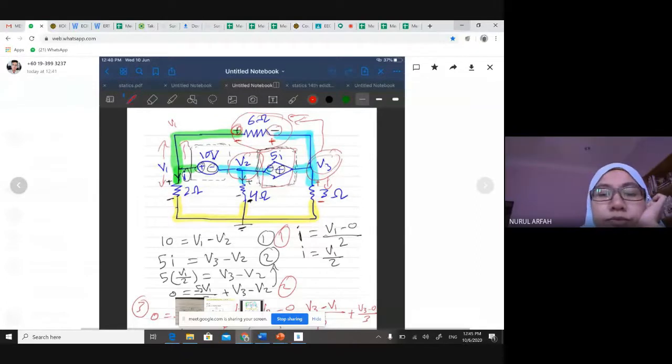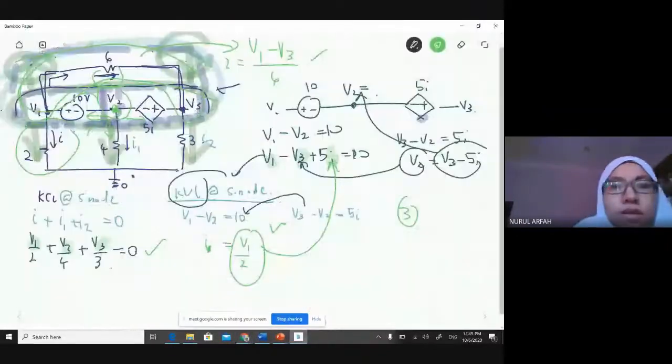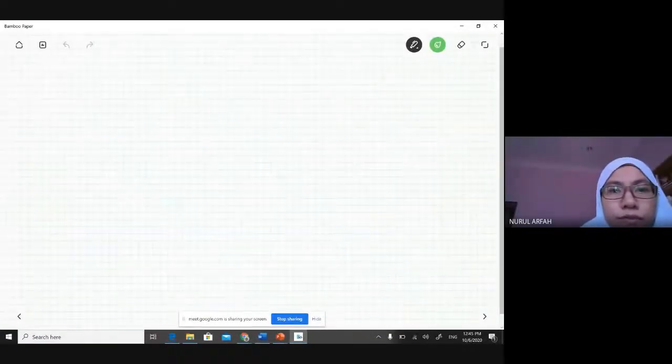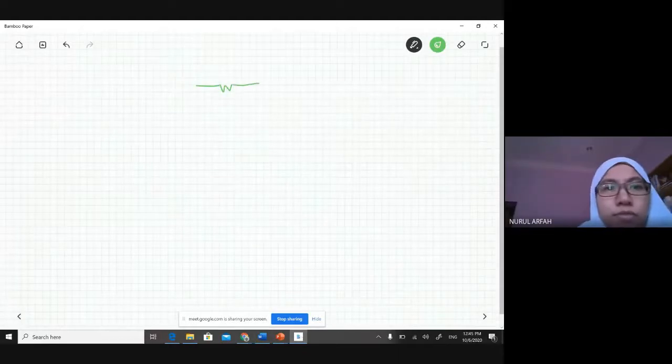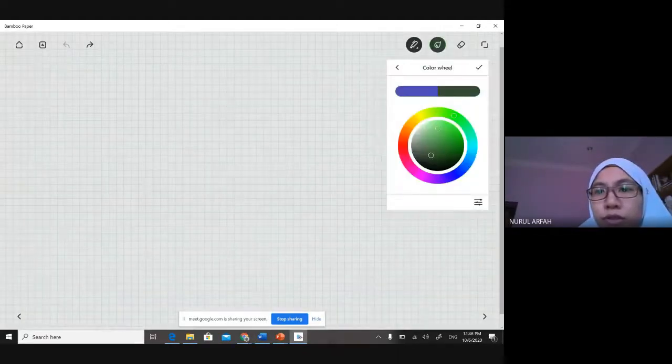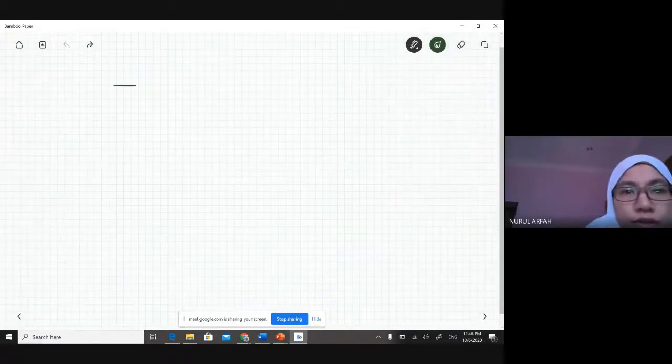Okay. Any other questions related to mesh and mesh? Because this is nodal. Maybe you want to ask me about mesh. Oh, there's one more thing. For mesh, you just build up equations if you have something like... I almost forgot this thing.